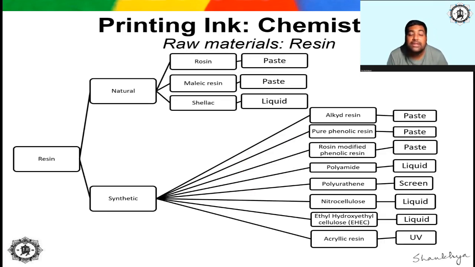Okay, next, this is the most vital, most important part of the ink chapter, which is the resin. Resin, I told you, is the heart and soul of the ink.